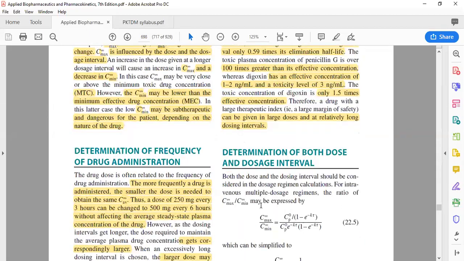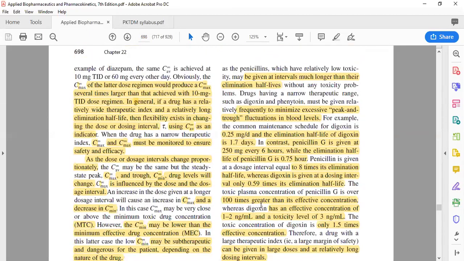So let us see the example of penicillin here. Penicillin is a very safe drug, right? We give it even TID, every 6 hours, every 4 hours, depending on the condition, and we give really high doses in some conditions like syphilis, meningitis, isn't it? So penicillin is a really safe drug.